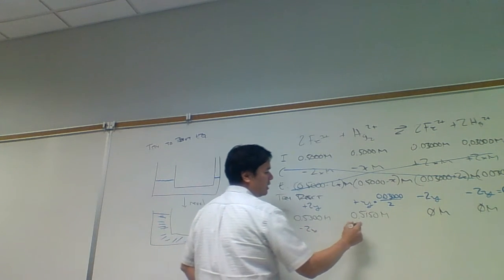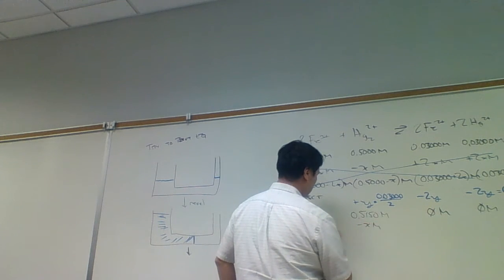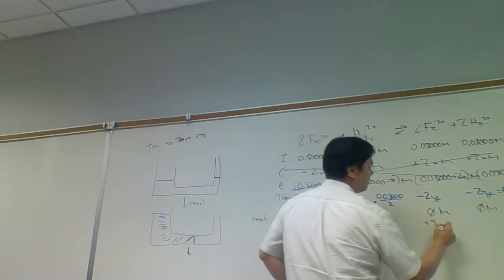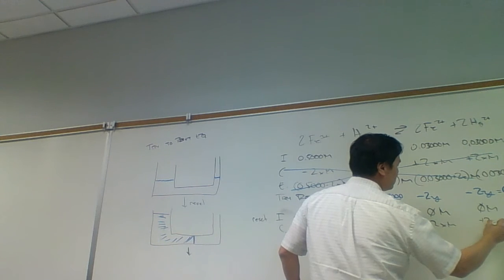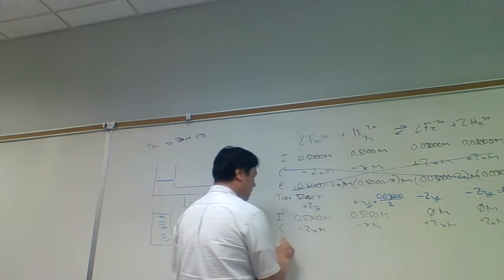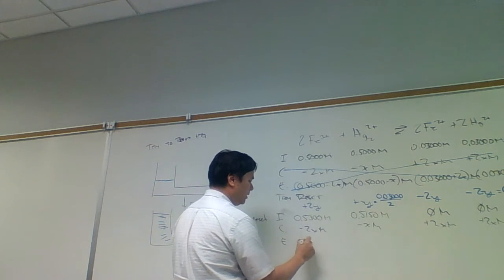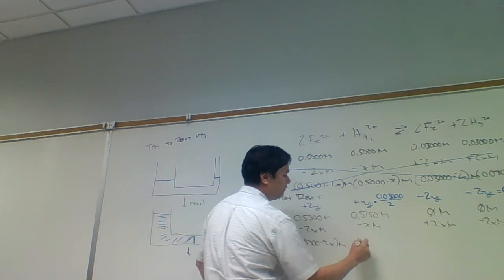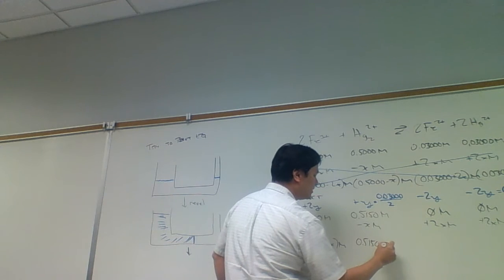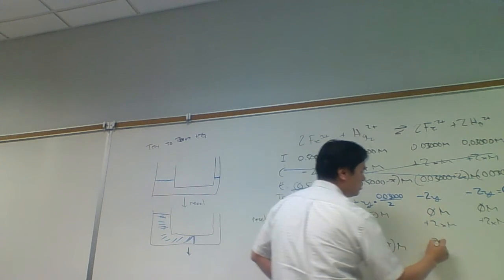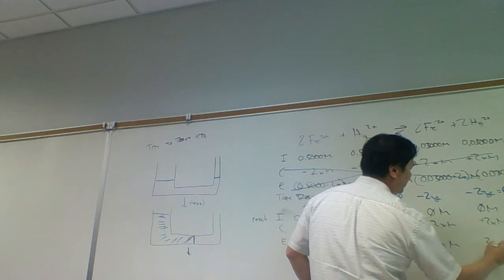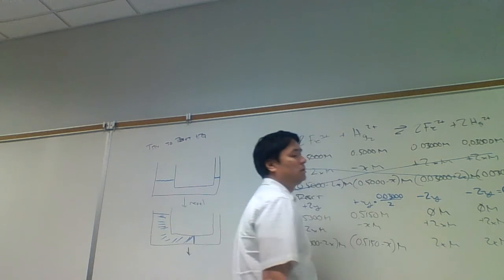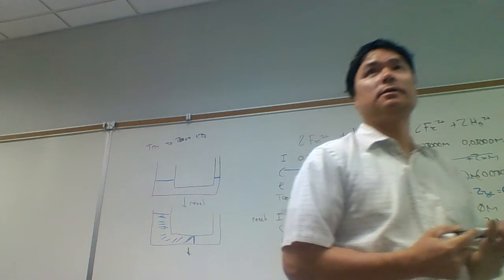So we're going to have minus 2x, minus x, plus 2x, plus 2x. And so at equilibrium here, we're going to have 0.5300 minus 2x, 0.5150 minus x, 2x, and 2x. And so what this does is this.